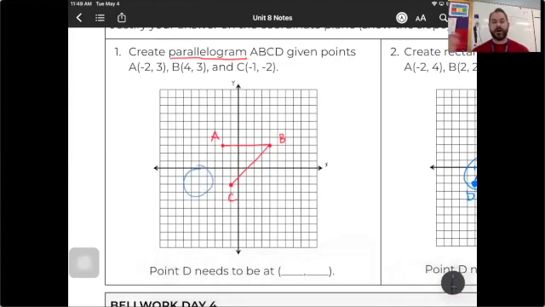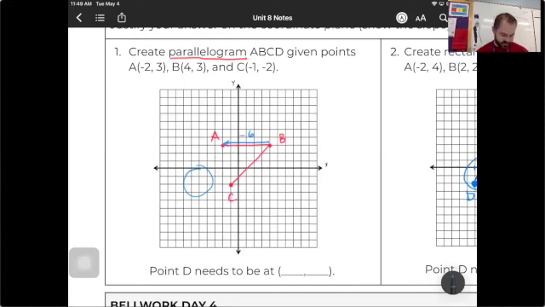but I can use opposite sides are congruent and parallel. Well, this time it's a little bit easier because one of my sides is already a horizontal line. I'm going to use the pattern from B back to A. That would just move backwards 1, 2, 3, 4, 5, 6 spaces, -6.